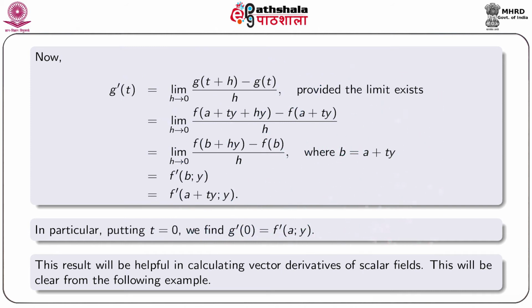This is nothing but f dash (b, y), that is f dash (a plus ty, y). In particular, if we put t equal to 0, we find that g dash (0) equals f dash (a, y). We shall use this result later. It will be helpful in calculating vector derivatives of scalar fields.